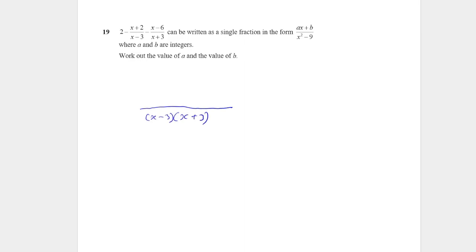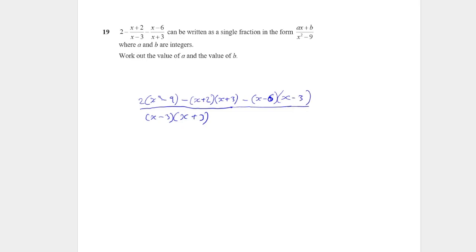So to do that, I'm going to have to multiply 2 by the whole thing, which will actually give me, if I complete the square, 2 lots of x squared minus 9. From that I need to subtract x plus 2 times by, if I multiply this fraction by this denominator, I'd need to times it by x plus 3. And if I multiply the second one, it's going to become x minus 6, times by x minus 3.